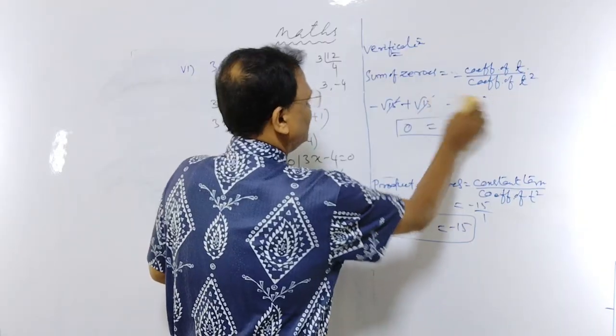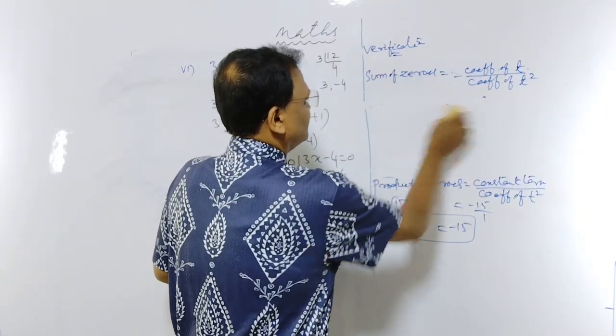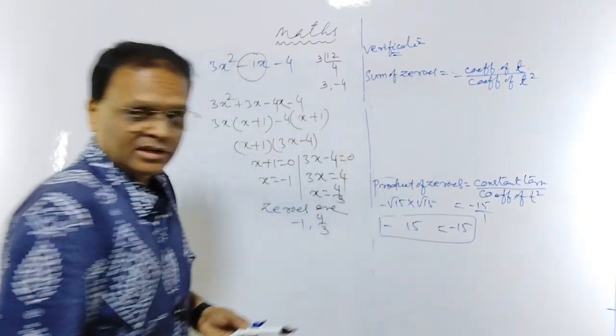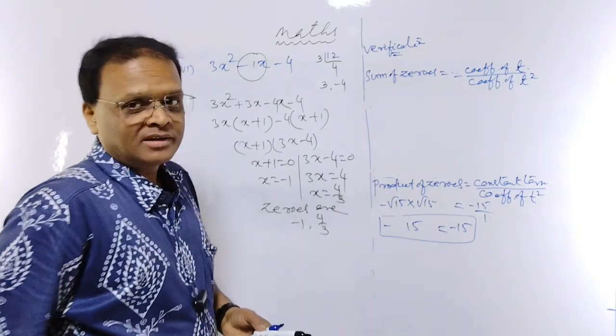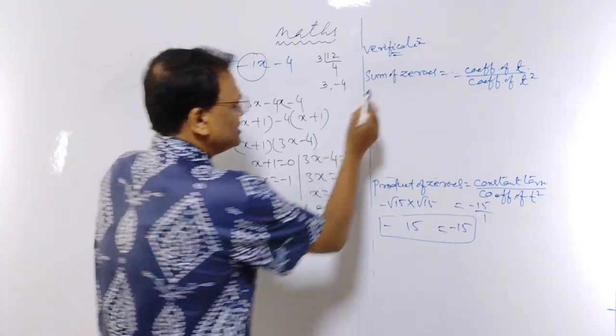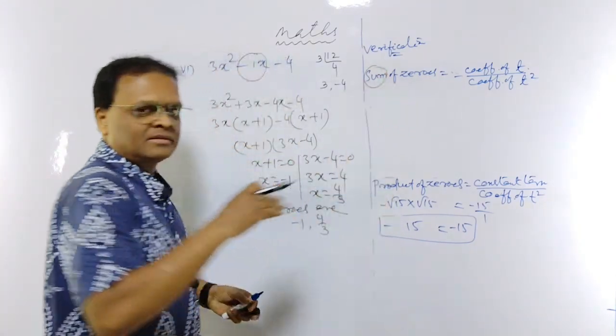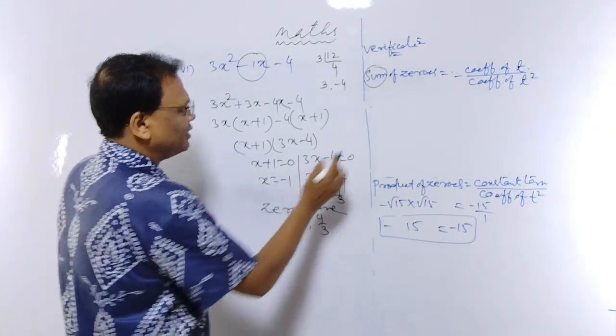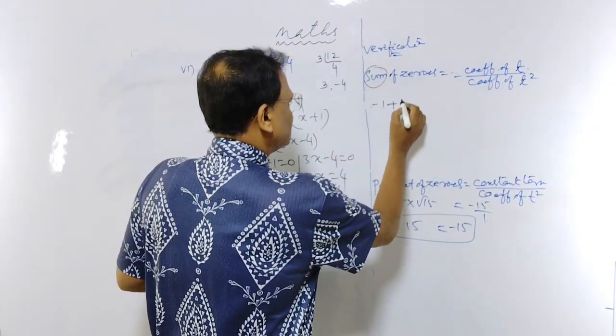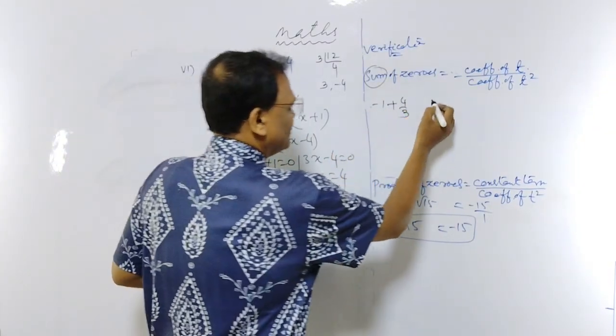Sum of the zeros. As I have written already, the 2 zeros are minus 1 and 4 by 3. Let me do the sum: minus 1 plus 4 by 3.